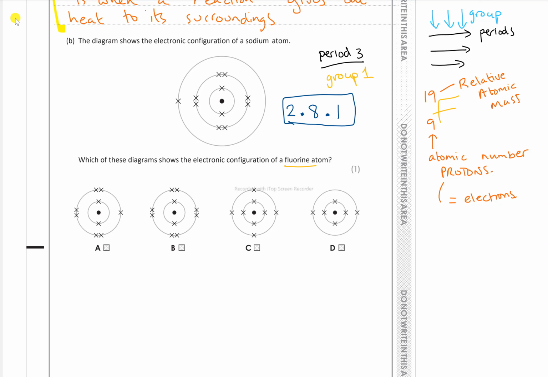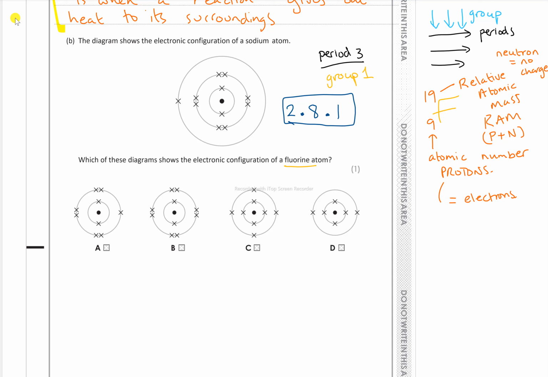Relative atomic mass, RAM. It stands for the protons and neutrons. Remember, neutrons have no charge. Neutron equals no charge. Right, that's fine. That's all that done.